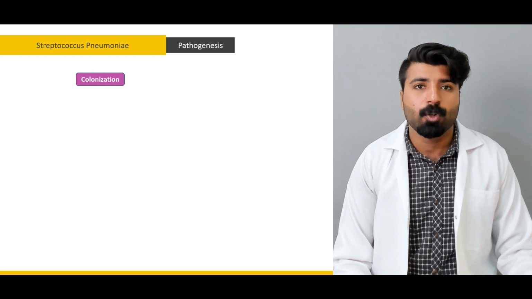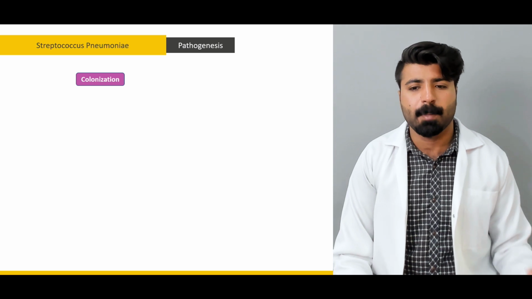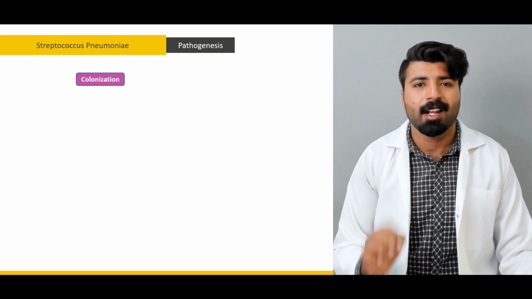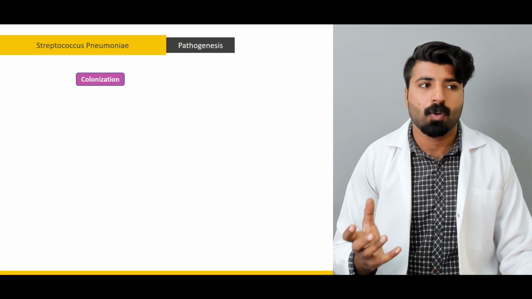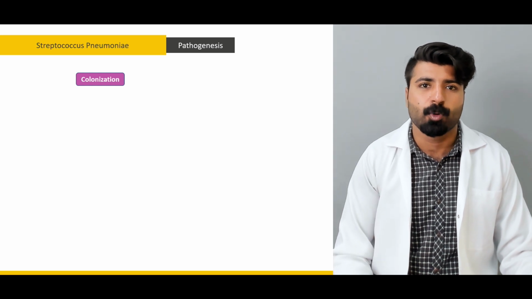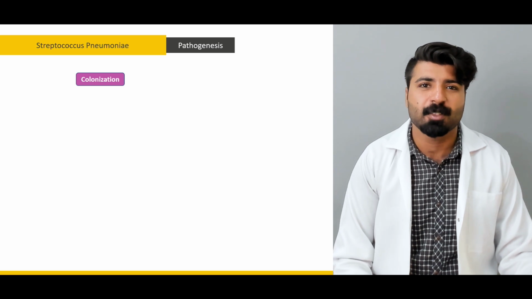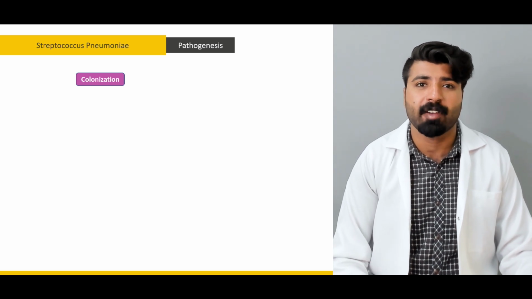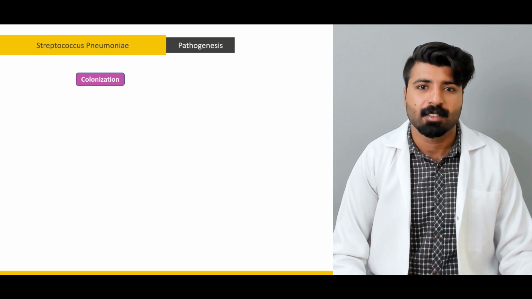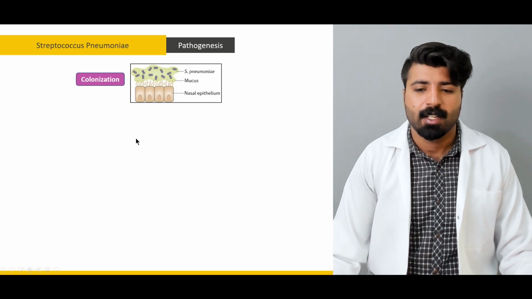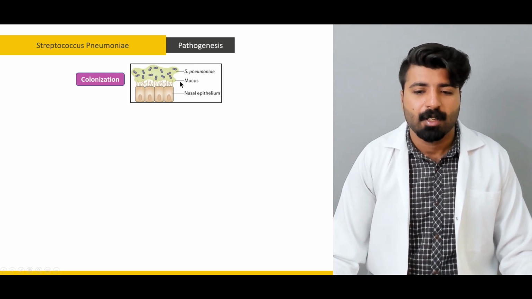Afterwards, we have to know the pathogenesis of streptococcus pneumonia. But before that, let me tell you about the colonization part. What's the favorite place inside your body for streptococcus pneumonia? It's the upper respiratory tract. They colonize there. See, at the nasal epithelium, mucus is being formed.